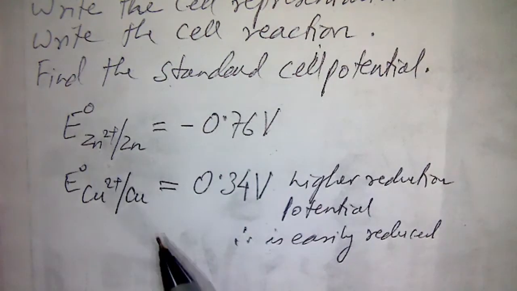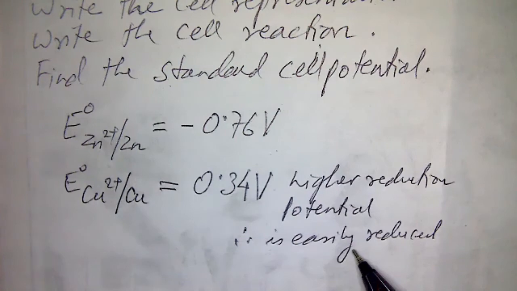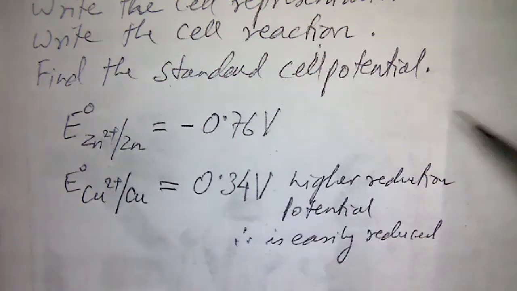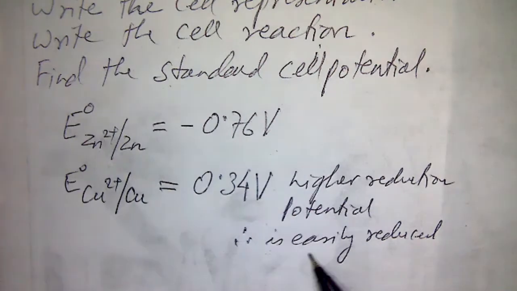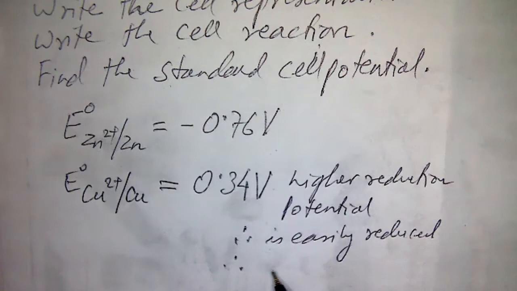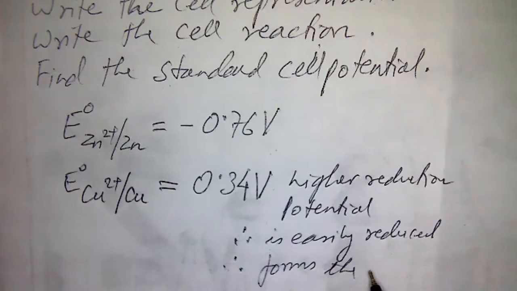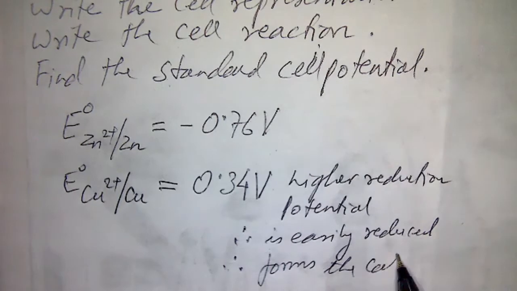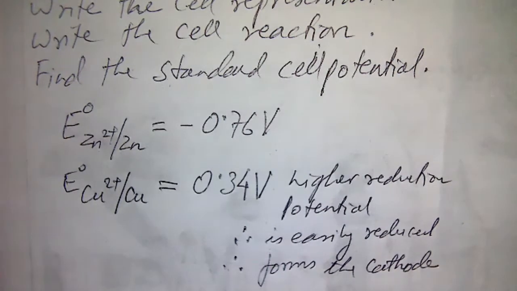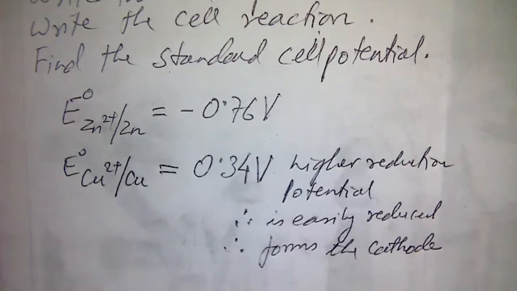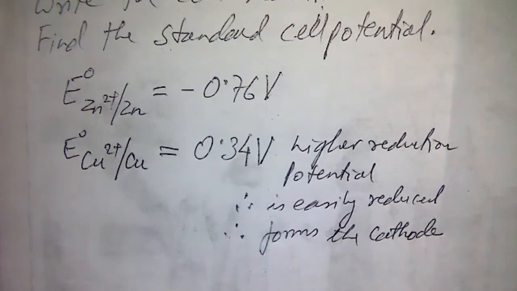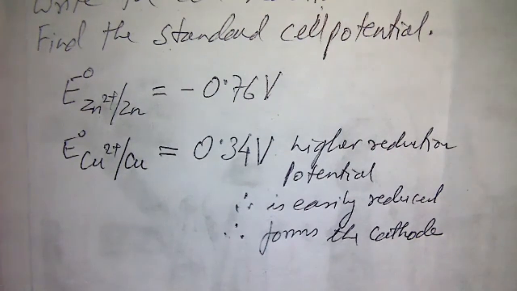That means copper will be reduced. So zinc will be oxidized, isn't it? If this is reduced, what will it form? Therefore, it forms the cathode. Whatever is reduced will always form the cathode, and whatever is oxidized will form the anode.